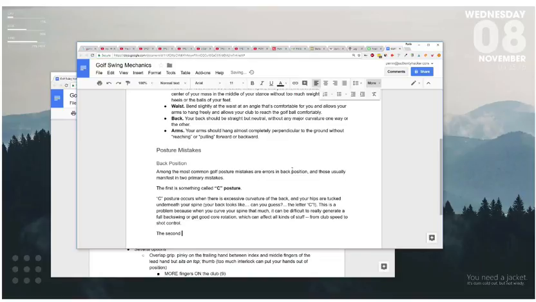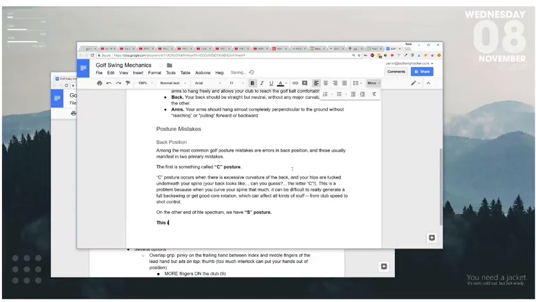The second, on the other end of the spectrum, we have S posture. Unbold.